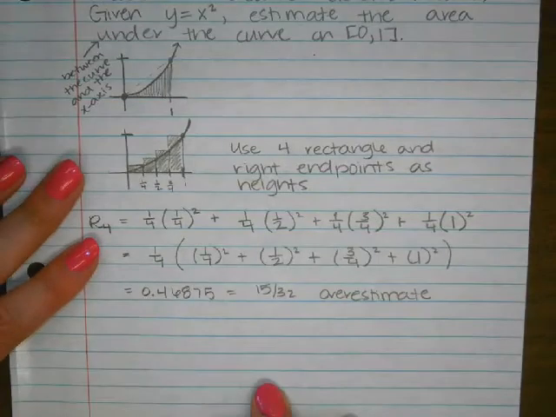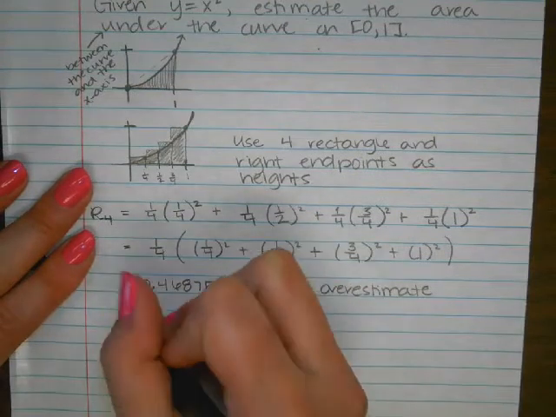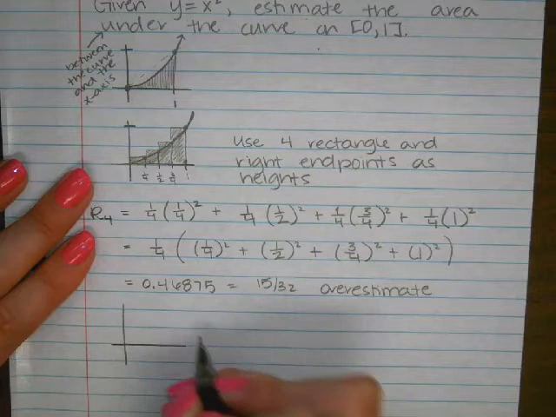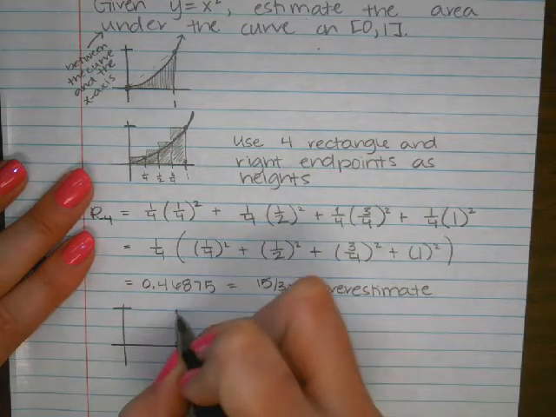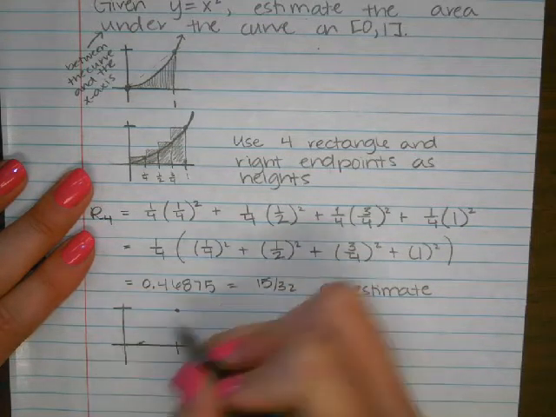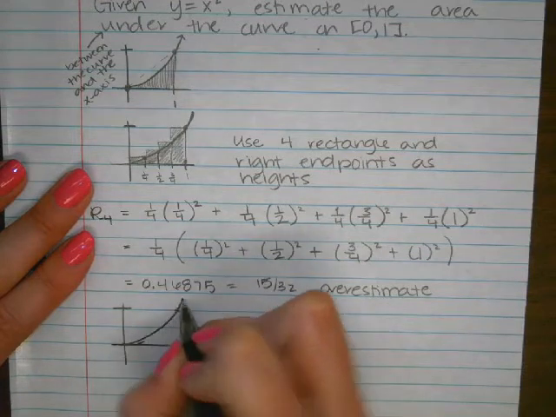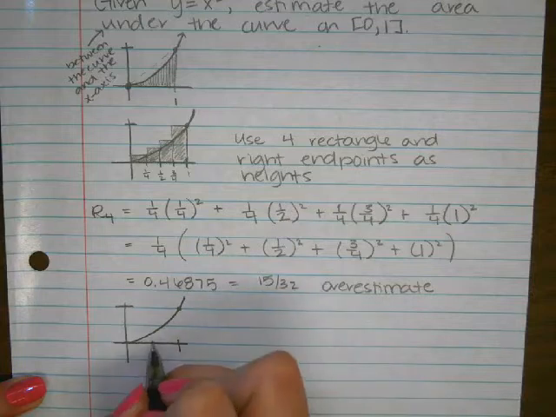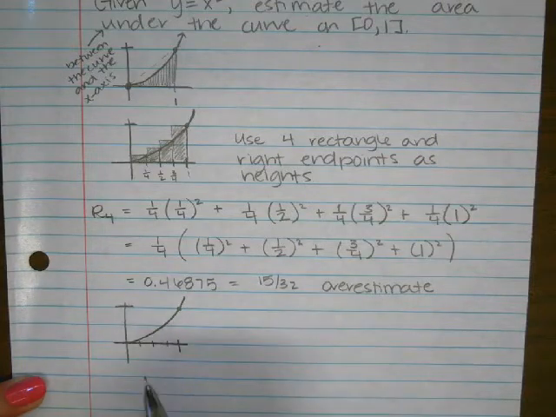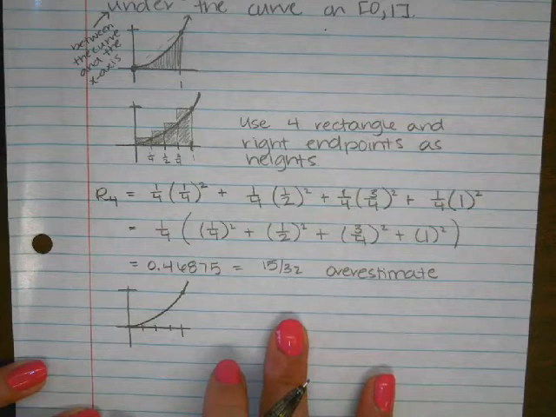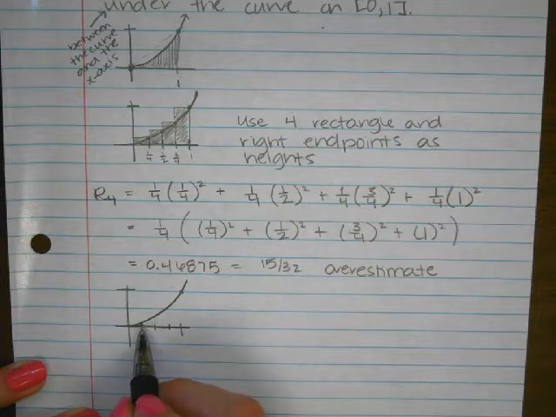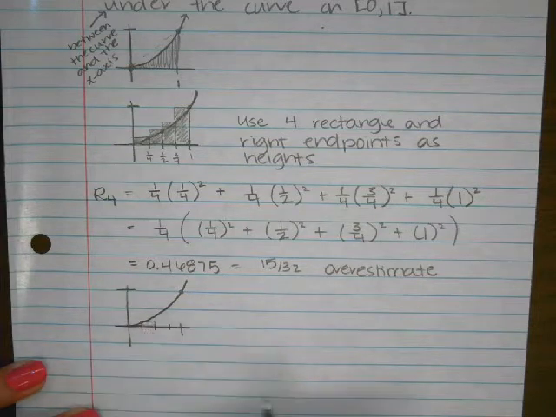Okay. We can also do the same process, but we can use left endpoints. I keep drawing the curve like that. Okay. So this time, the height of my rectangle is going to be found by looking at the curve on the left side. So my first rectangle is actually nothing. My second rectangle would look like that.